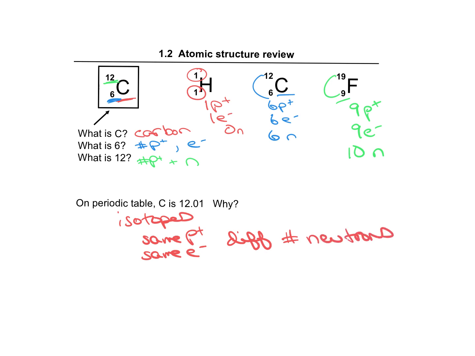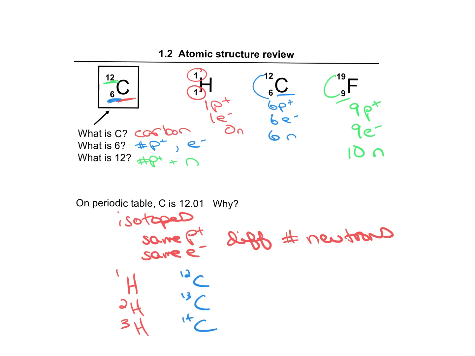So for example, hydrogen exists as H1, H2, and H3. In the first case, we have no neutrons. Here we would have 1 neutron, and here we would have 2 neutrons. Carbon exists as C12, C13, and C14.